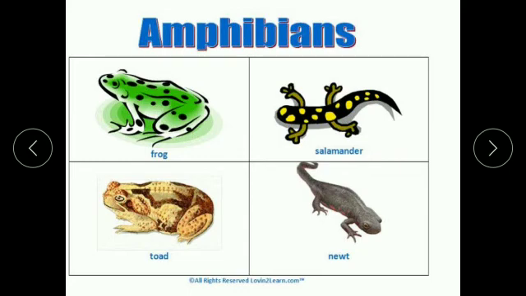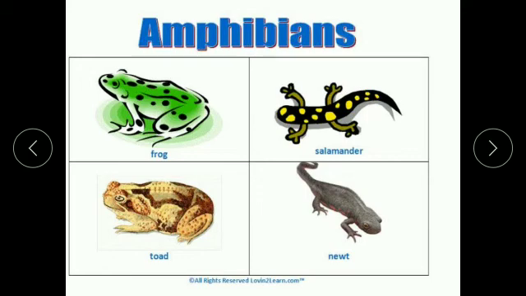Now, the next group here is amphibians, okay? Now, in this group, we see the frog, the toad, the newt. The newt is like a salamander, that is it's a lizard-like creature. Like you saw the picture above there, the salamander also. These creatures usually lay eggs, and they live on land and water.